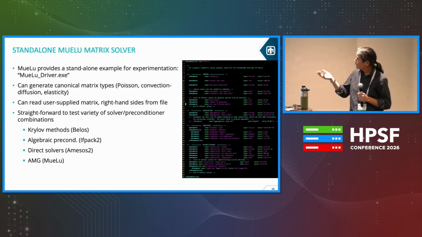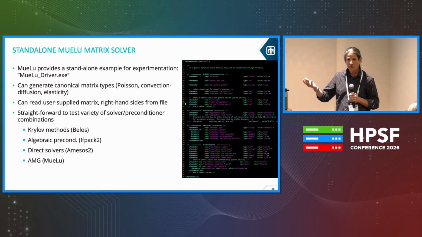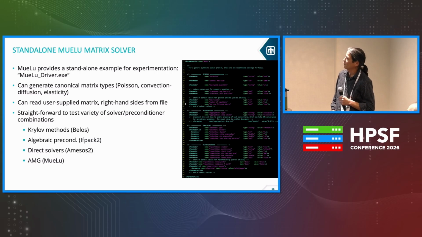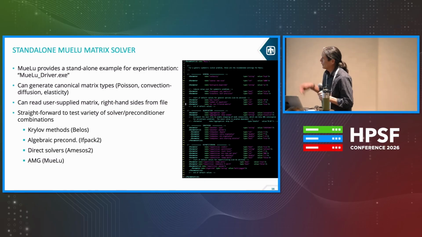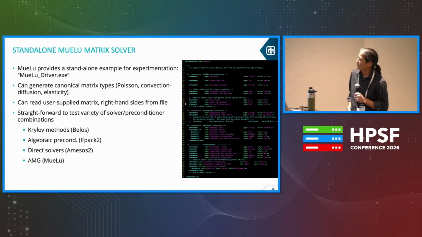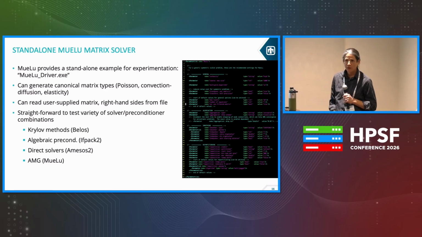If you wanted to test some of the solvers but didn't want to commit to Trilinos, we have a standalone driver that you can use to kick the tires and decide whether the solvers here are something you want to pursue more. The driver that I want to point out is one that is available through MueLu, and we use it a lot in our development cycles. When people ask questions, we often point them to the driver and say, here's a canonical example, and you can try things out here.